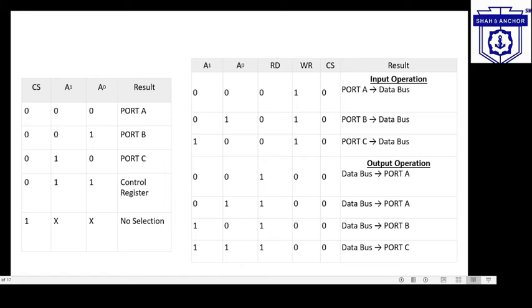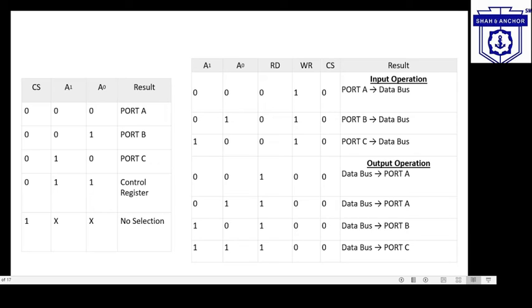So the data bus is used by port A to perform the output operation, means read operation. And if we change the value of A1, A0 to 10, we are using port B. And if it is 11, it is using port C to perform the output operation.